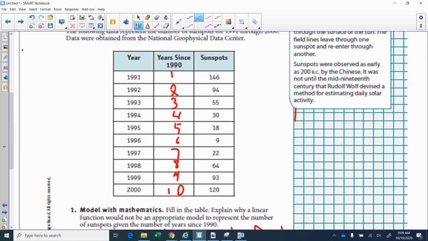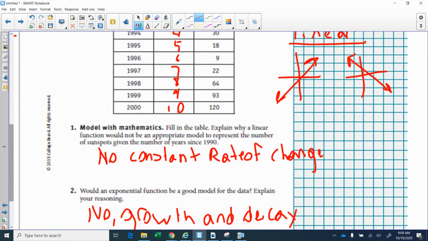If I just think of a linear model, I'm usually going to be going in two different types of aspects. I'm either increasing or I'm decreasing, but I have a constant rate of change, okay? Next one would be an exponential model, okay? So if I had an exponential, once again, we want to analyze why it can or can't be these.